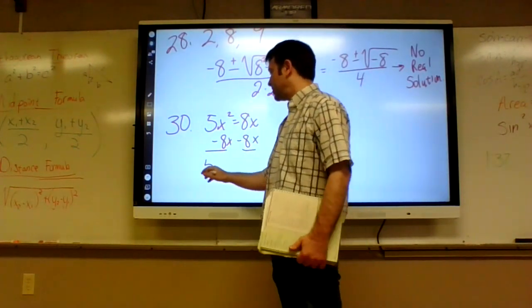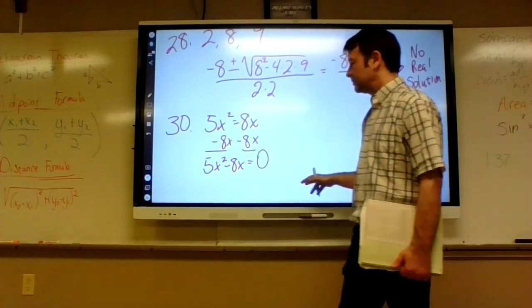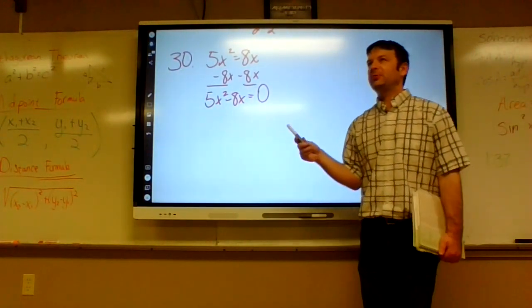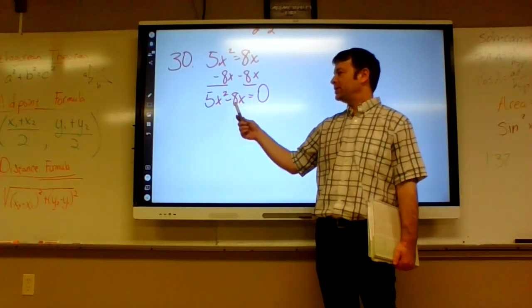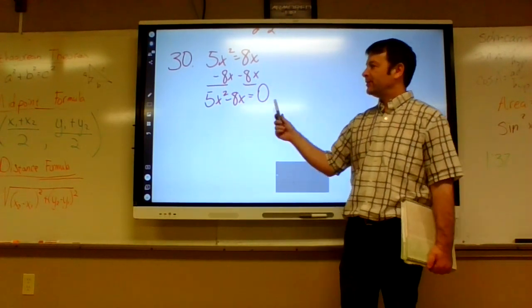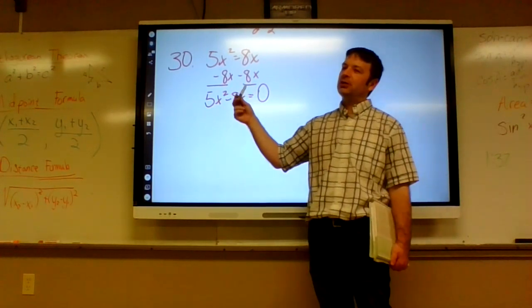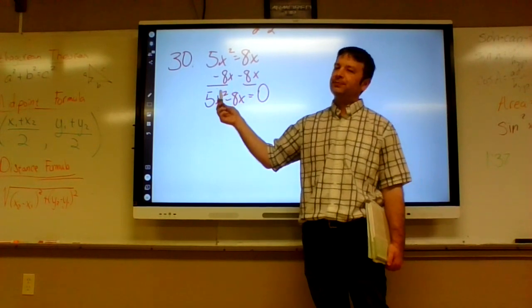We get everything to one side, and then what do we do? Factor. You could use quadratic formula, where A is 5, B is negative 8, C is 0, but factoring is much easier on this one. How could we factor this?